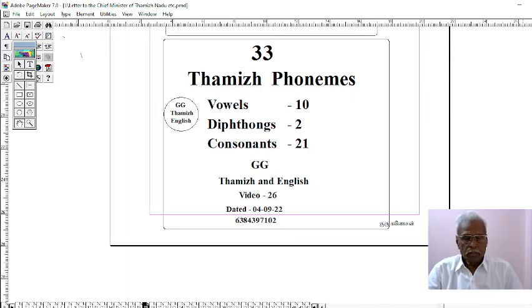There are 33 phonemes in Tamil. These phonemes fall into three kinds known as vowels 10, diphthongs 2 and consonants 21.